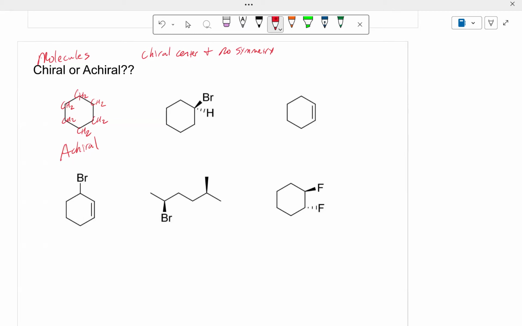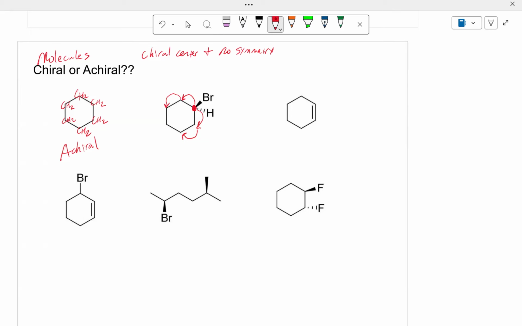Now let's look at the middle one here. Right away, students get drawn to this and say, oh, there are wedges, that's automatically a chiral center. Well, look carefully. Rings get really tricky when trying to find chirality. What you have to do is take a couple of fingers and go in opposite directions. I go here, I hit a CH2. I go here, I hit a CH2. No difference yet, so I keep going. Then I go here, I hit a CH2, and here, I hit a CH2.